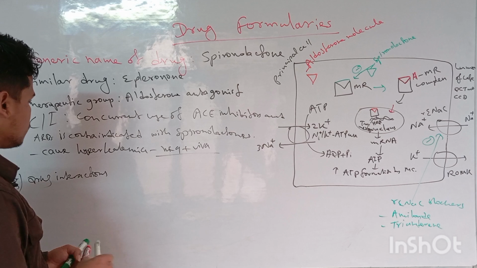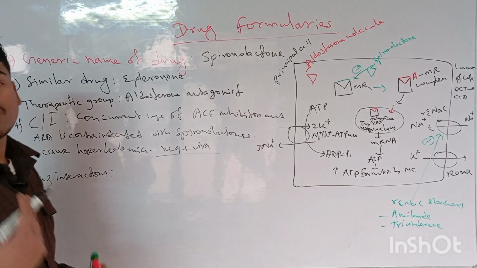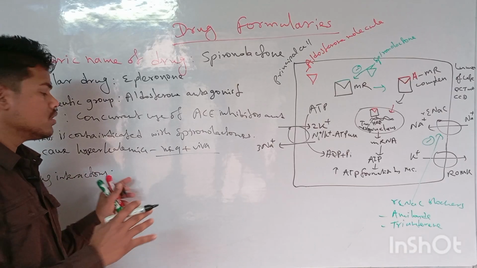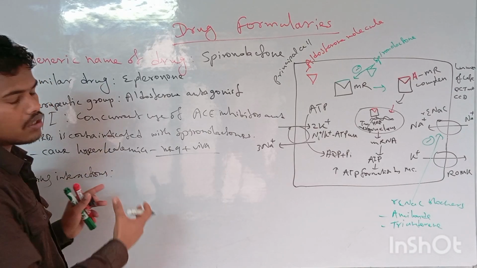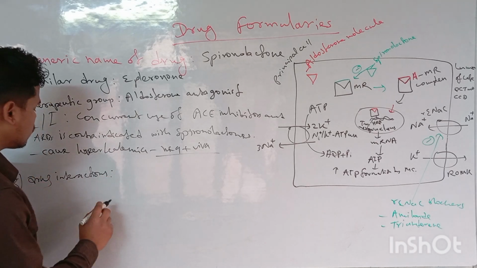What does it mean? It means it is the interaction between two or more drugs if given concurrently. So in that case, how these concurrent drugs should be applied is defined by this drug interaction.